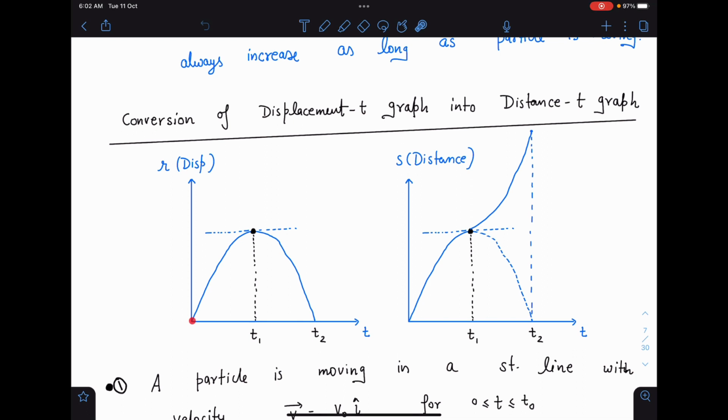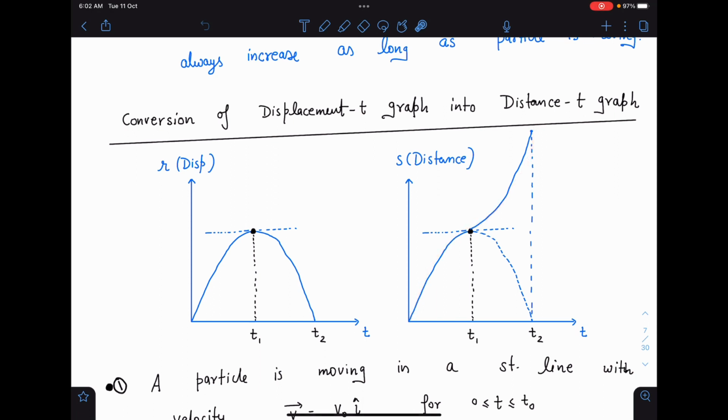Here you can see, as long as the graph is increasing, displacement and distance will be identical, but the moment displacement is decreasing, we will take its mirror image on the horizontal axis, the time axis, and you can say this will represent the distance-time graph. Here to here you can see easily. I hope this part is clear to you.